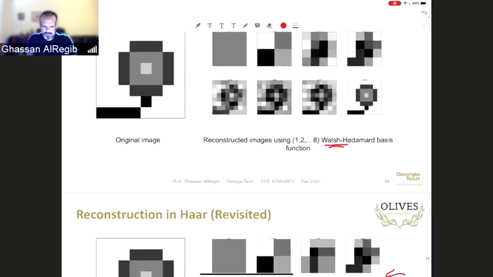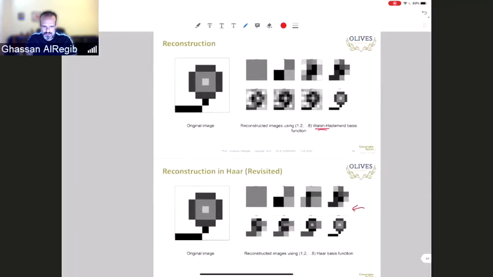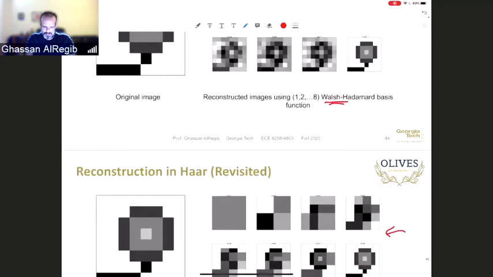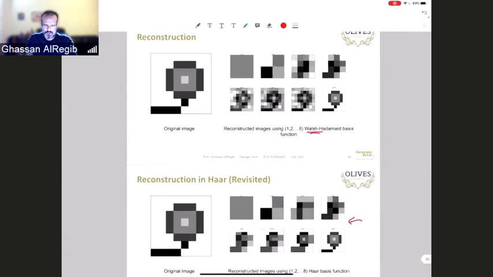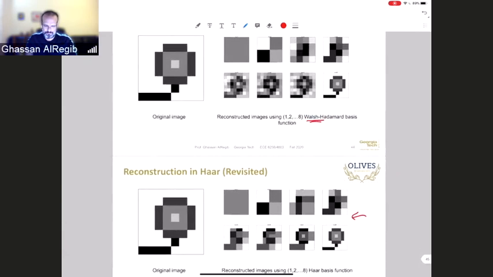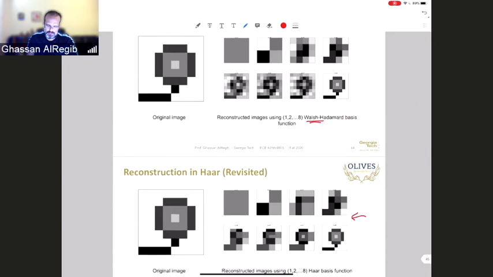Can I zoom in? Maybe not. Okay, maybe I can just hold it. So any suggestions, what are the differences between the two? What do you observe? At the end of the day, we got basically the same image at the 8th level.